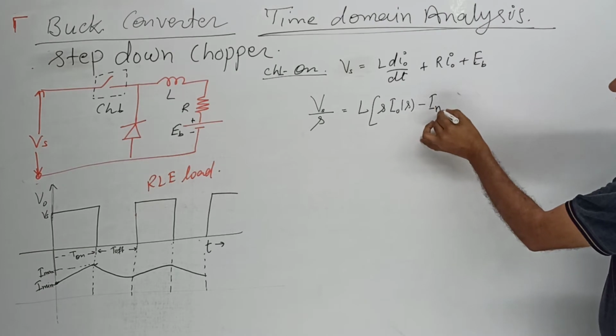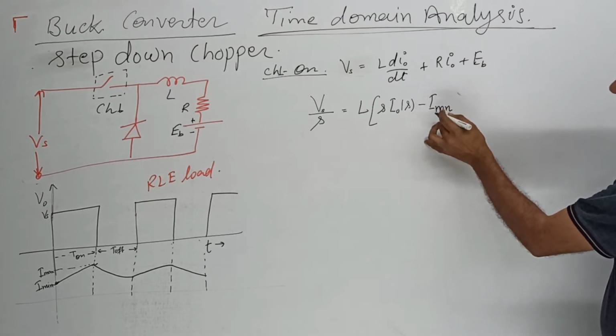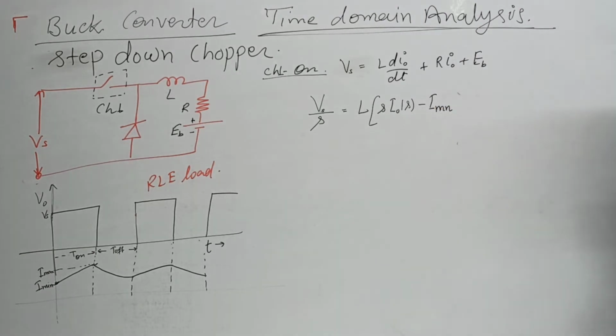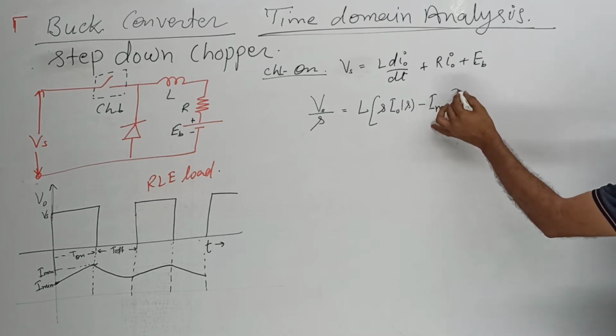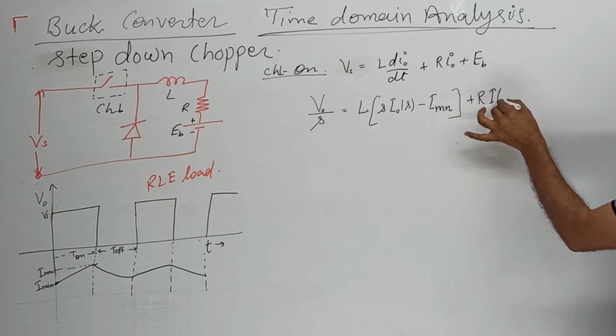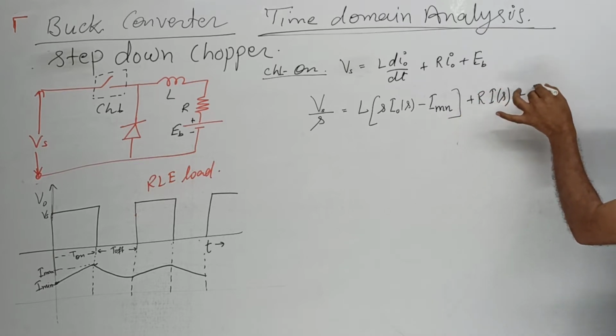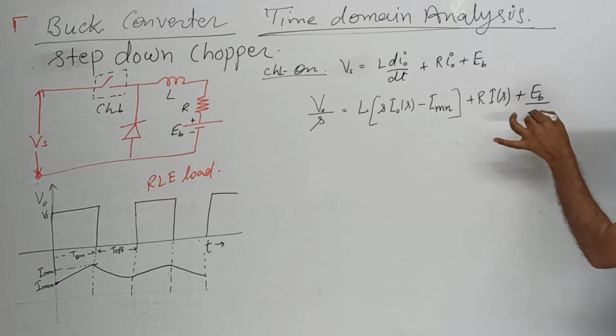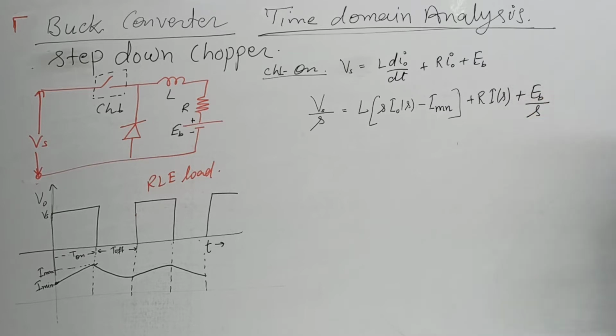I minimum is I mn, maximum is I mx. Plus R into I of S, plus E B by S, because it is a constant value. So this is the Laplace transformation of this.